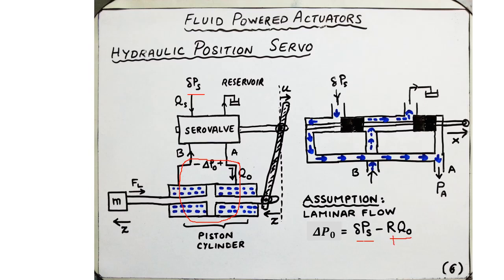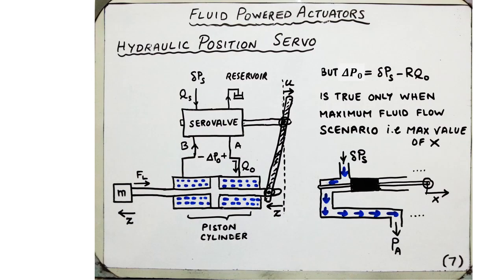So here R is the fluid resistance, and Q naught is the flow rate associated with the piston cylinder, not at the input.